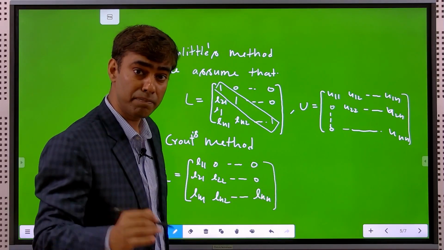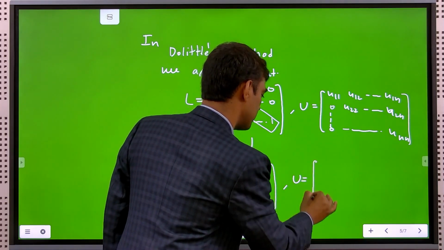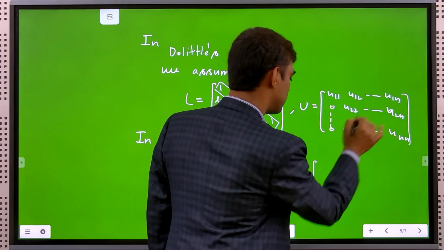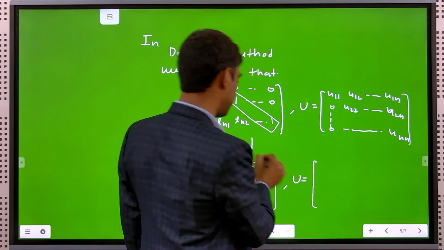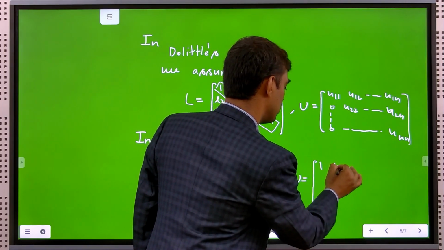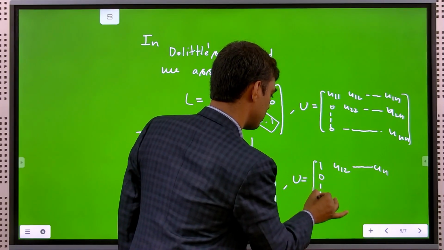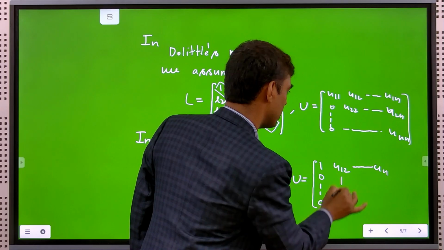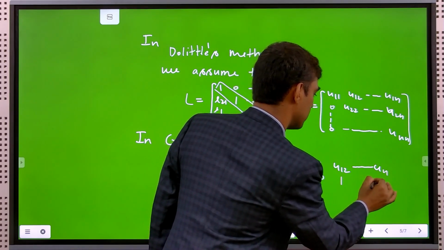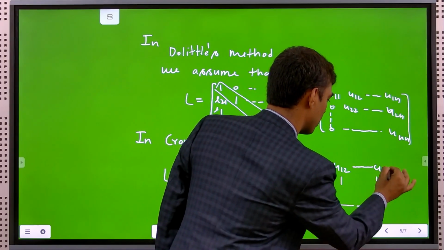And U becomes 1 u12 up to u1n, then 0 1 up to u2n, and the last one 1.